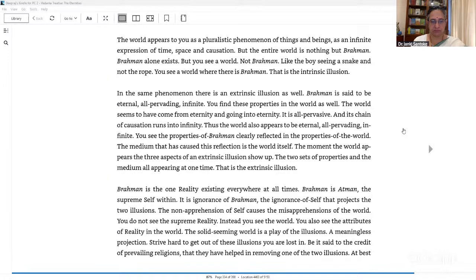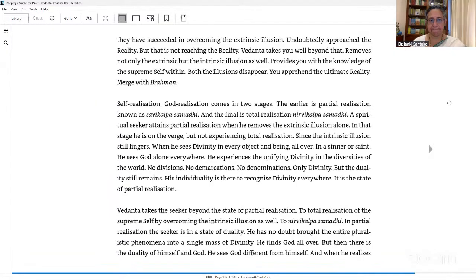Be it said to the credit of prevailing religions that they have helped in removing one of the two illusions. At best, they have succeeded in overcoming the extrinsic illusion. Undoubtedly, they approached the reality. But that is not reaching the reality.